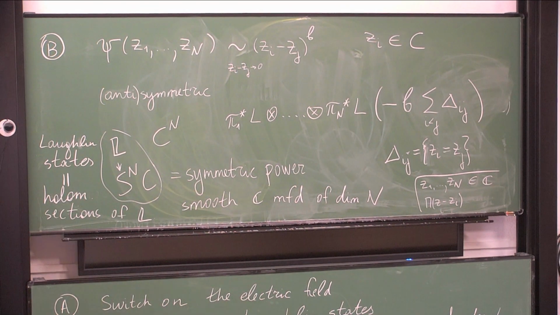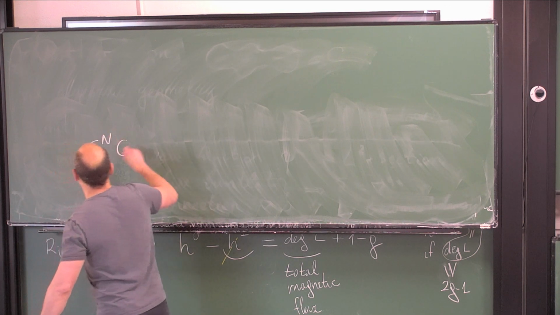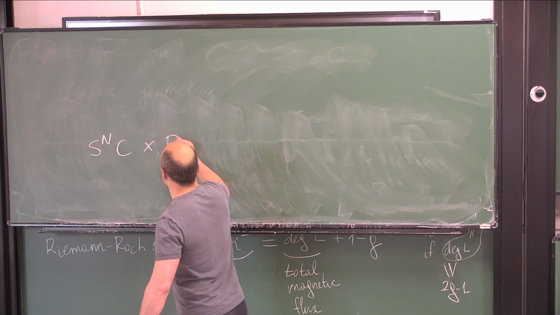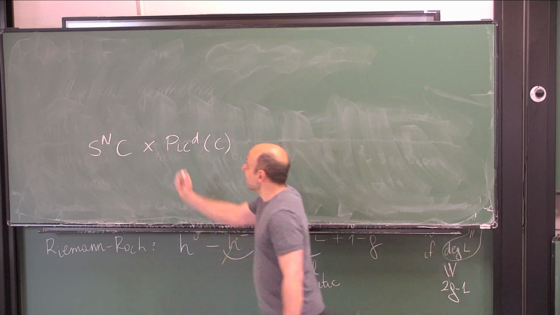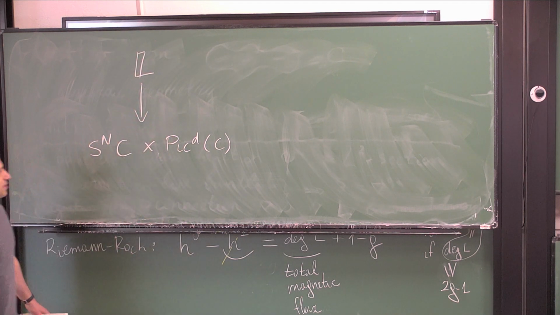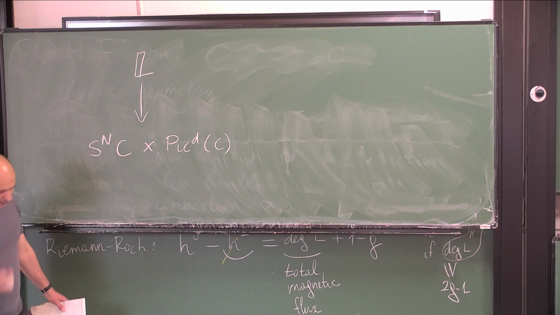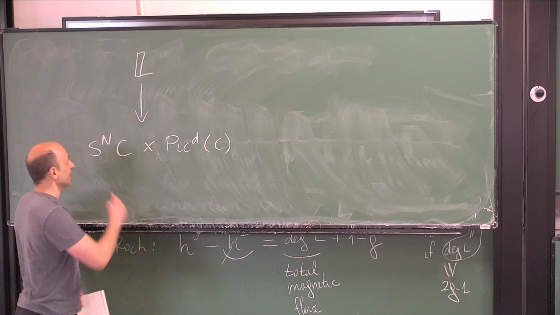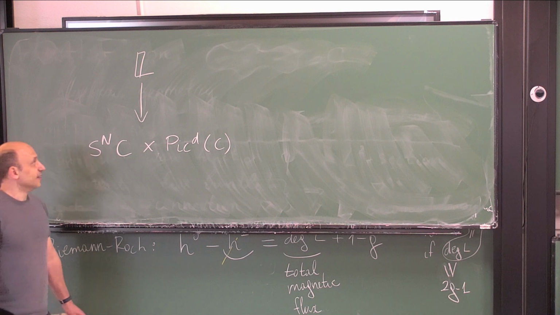So let's do a summary. We have the n-symmetric power of the surface times the space of fluxes. Actually, we have a line bundle over this whole product, because for every connection, any holomorphic structure on L, you can do this construction and you get a universal family.